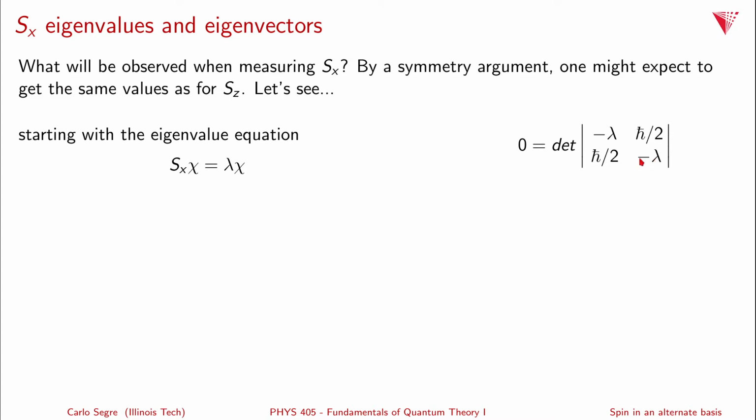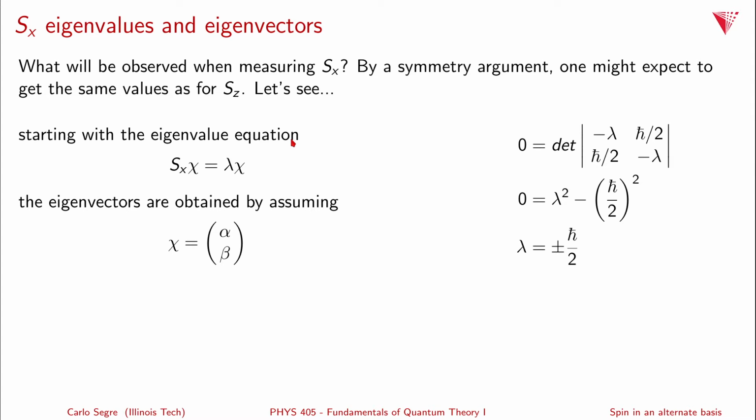Well, that gives us 0 is equal to lambda squared minus h bar over 2 quantity squared. Clearly, this means that lambda is equal to plus or minus h bar over 2. So in fact, the eigenvalues of S sub x are the same as the eigenvalues of S sub z, which makes perfect sense because of symmetry.